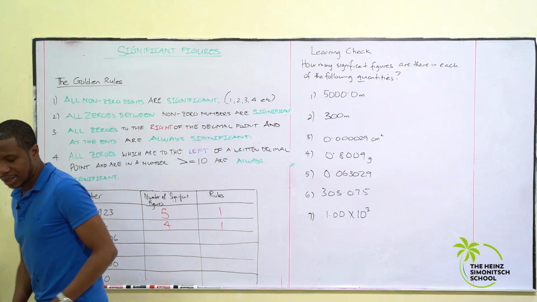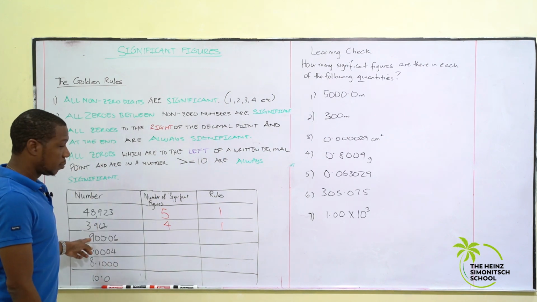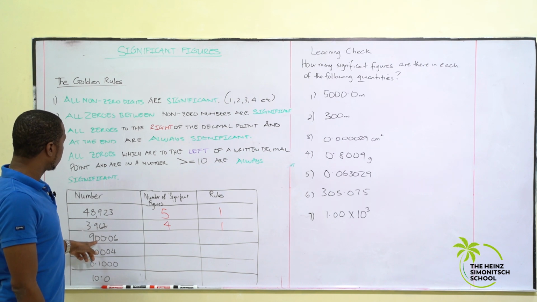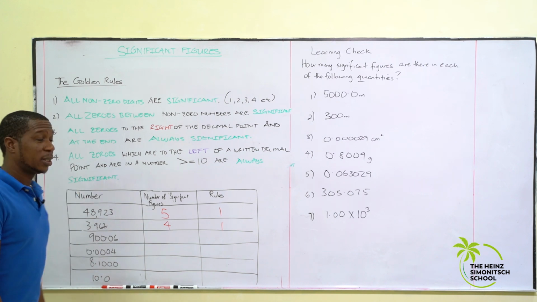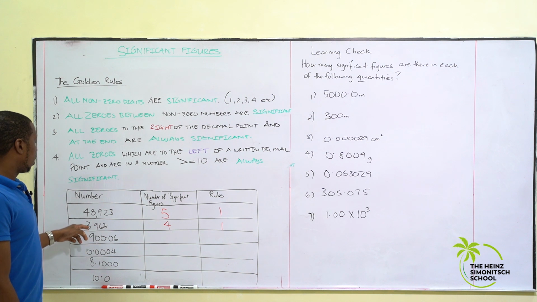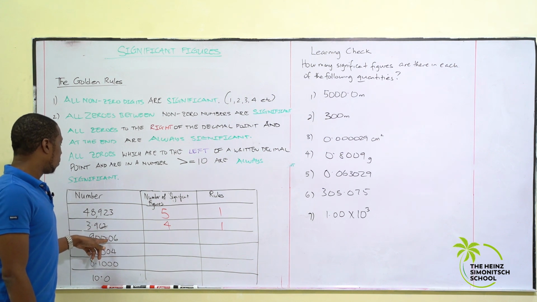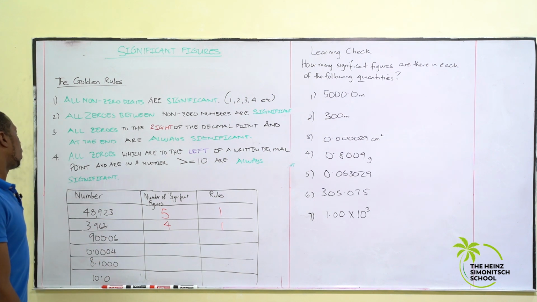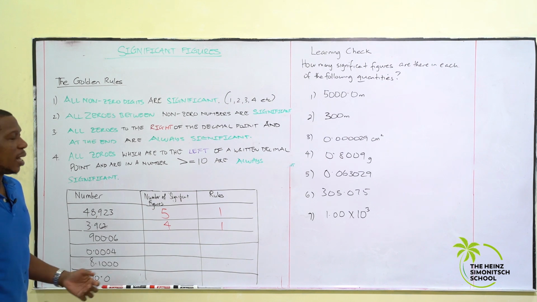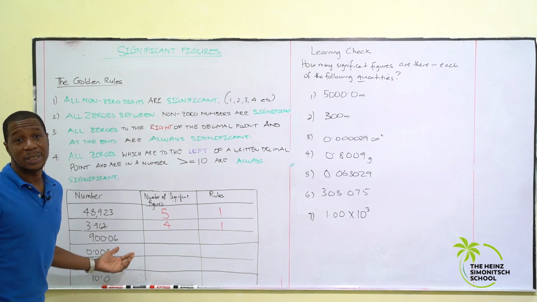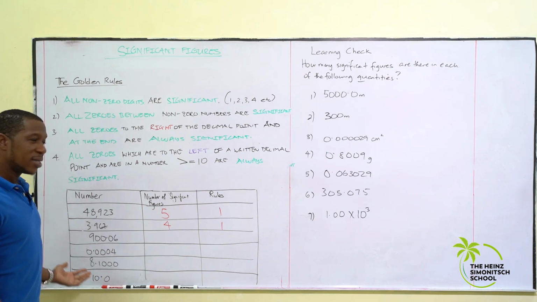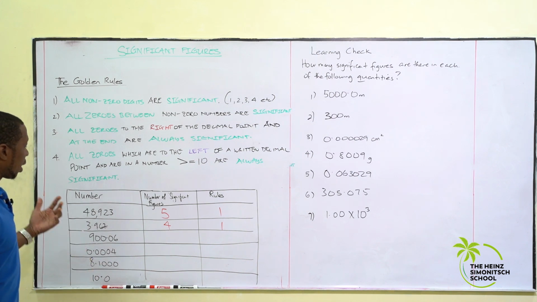Let's now consider the third number here, which is 900.06. Now, the question to ask yourself is, which numbers in here are significant? We can see that the 9 and the 6 are significant.